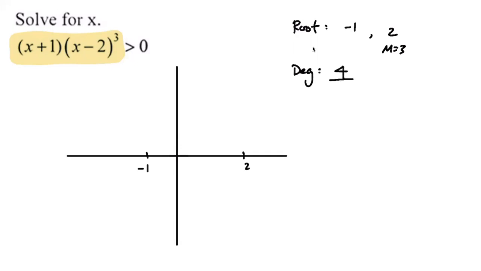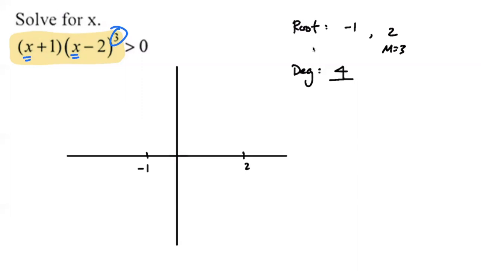The way you tell the degree is to imagine multiplying it out: you have x cubed, and then you will have an x to multiply as well. So you will end up with x to the 4th power as the largest power in the polynomial. That's how we can tell the degree is 4.